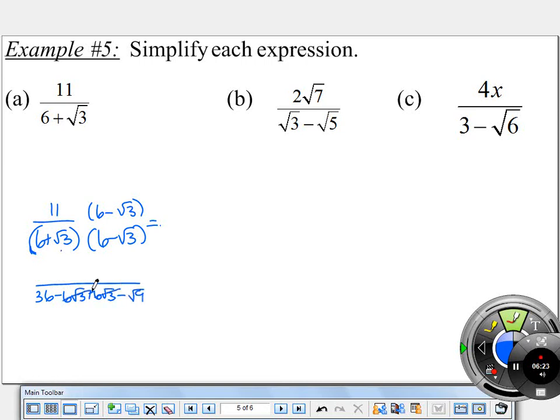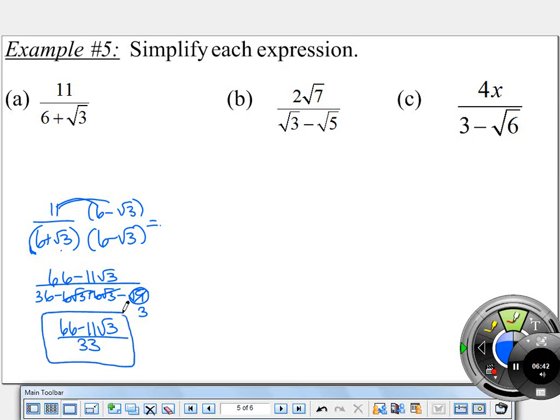These are going to cancel out, and rad 9 is really just 3. So in my denominator, I have 33. And in my numerator, I'm going to distribute this, and I'm going to have 66 minus 11 rad 3. And then I can't combine like terms in the numerator, and there's no common factor between numerator and denominator. So that would be simplest form.